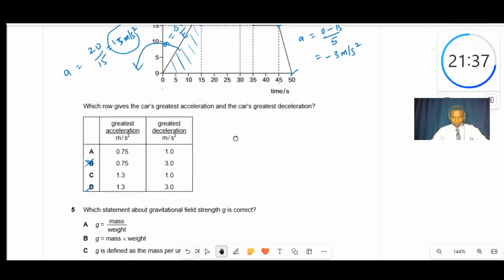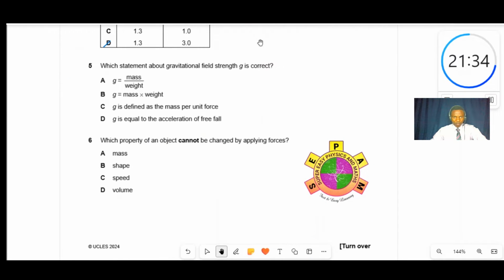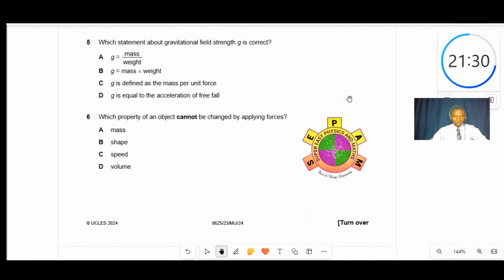Question 5. Which statement about gravitational field strength is correct? So the correct one is D, it is equal to free fall. Weight is equal to mass times gravitational field strength.